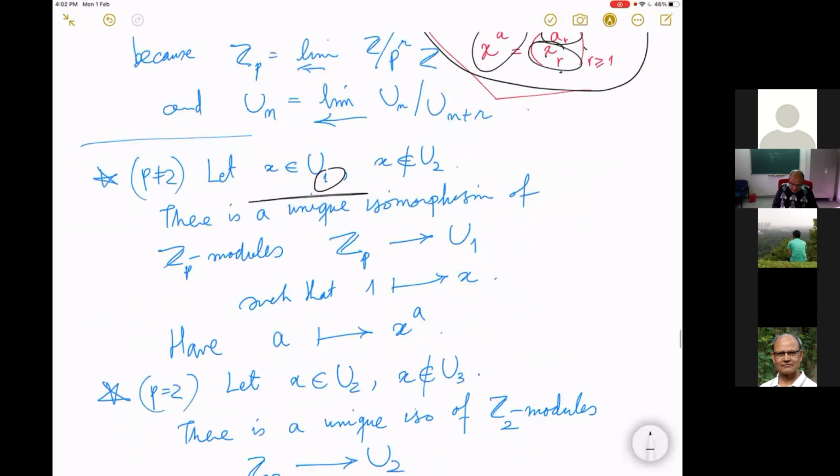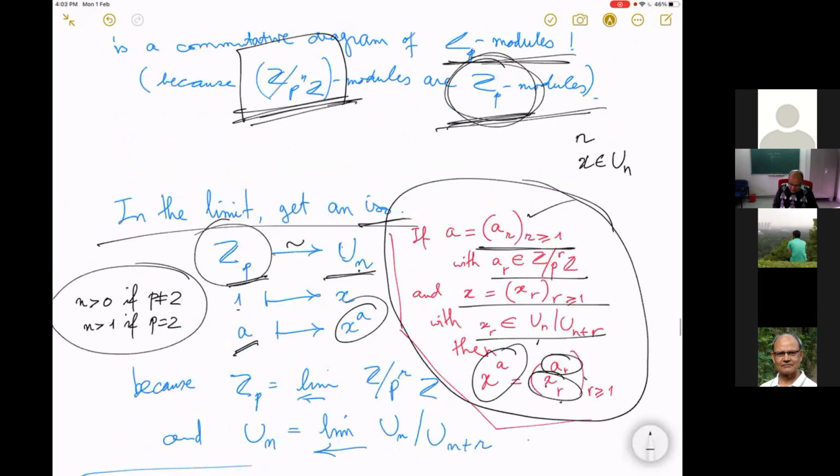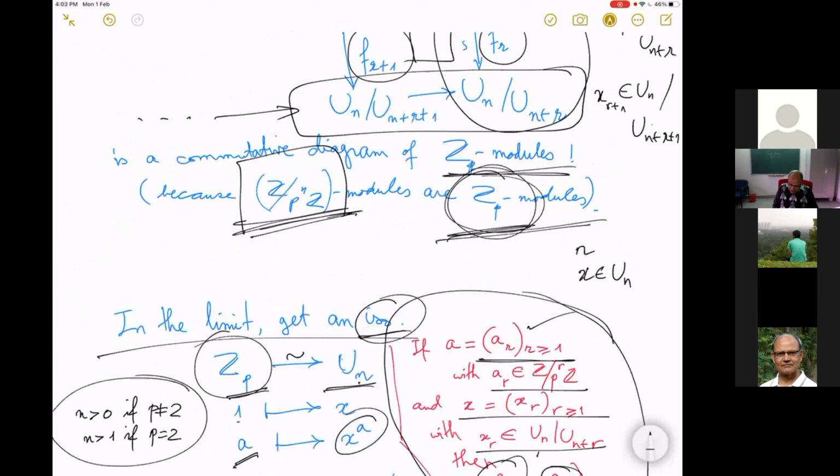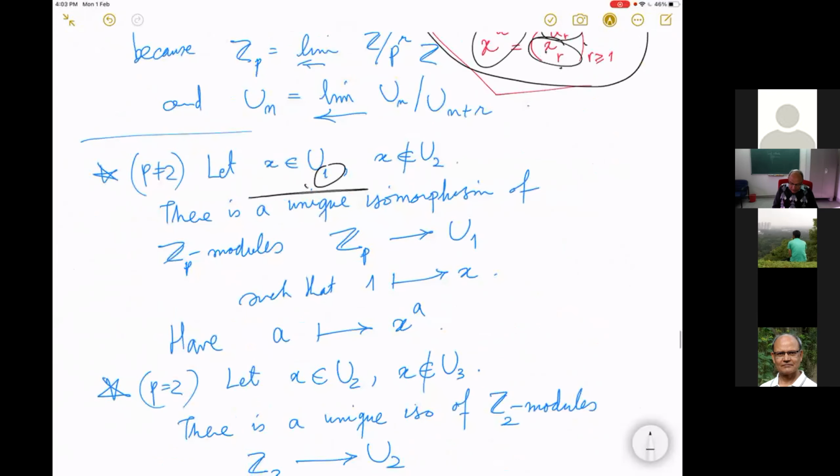When I say that you get an isomorphism, 1 going to x, this x is something which is in U_n, but not in U_{n+1}. So for n equal to 1 in particular, for odd p, if I take an x in U_1 which is not in U_2, then there's a unique isomorphism of Z_p modules sending 1 to this x, and it sends an arbitrary element a to x to the power a.